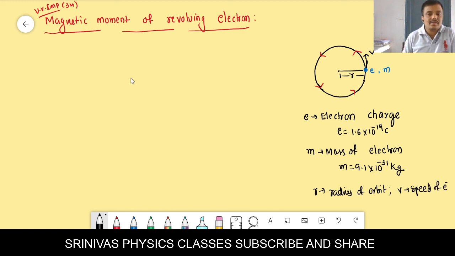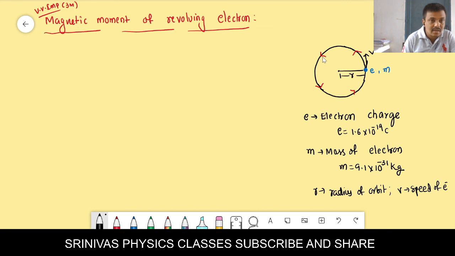Whenever the electron is revolving in a particular orbit, then we say that due to the motion of the electron, current will generate. When the electron starts here and again comes to this same point, some current will generate. Whenever current flows, this will act as a magnet, because we know a current carrying coil or loop acts like a magnet.